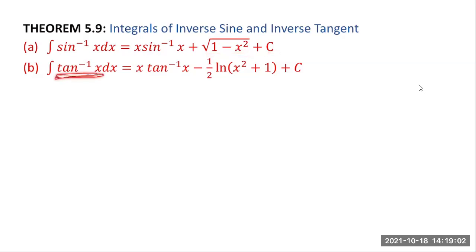The indefinite integral of tan inverse x is x tan inverse x minus 1/2 times ln of x squared plus 1 plus c. Again, how do you prove that these formulas are true? All you need to do is show that this part is an antiderivative of this function. So you differentiate this piece and show that you get sine inverse x. You will get it if you differentiate. Please prove these two formulas. Very straightforward.